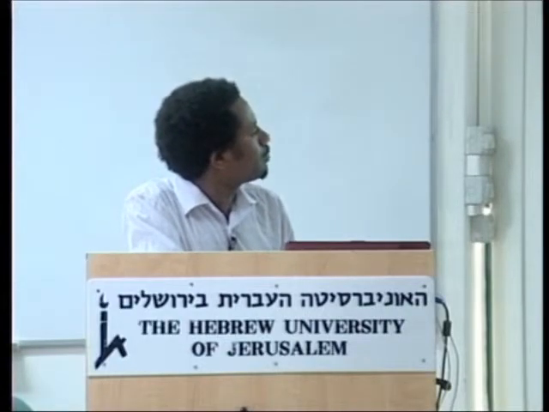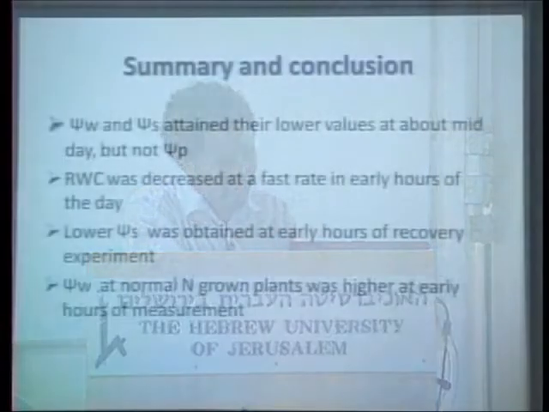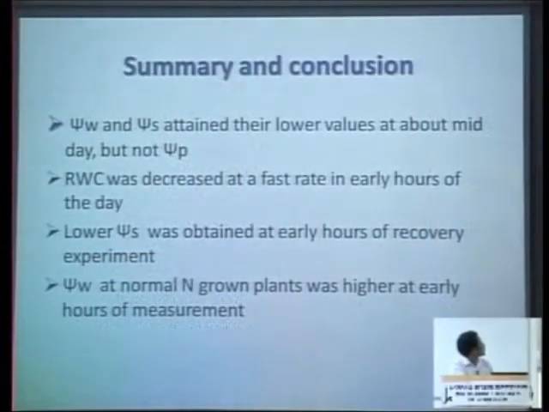Lower osmotic potential was obtained at early hours of the recovery day, which is a significant difference from all. And water potential of normal nitrogen grown plants was higher at early hours of the measurement.